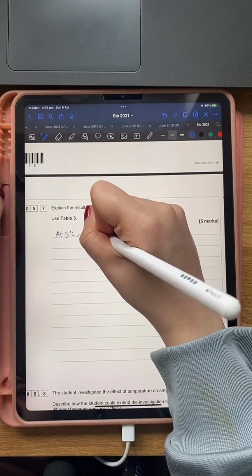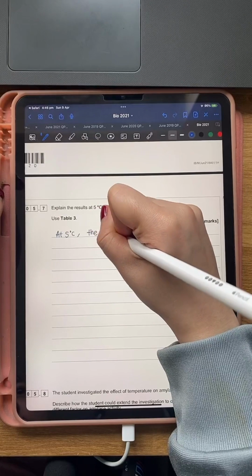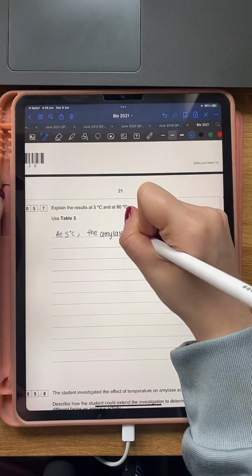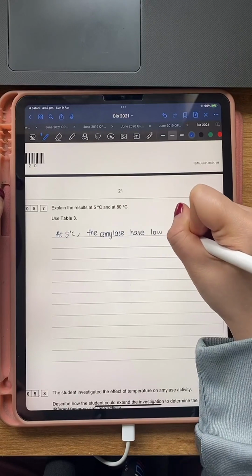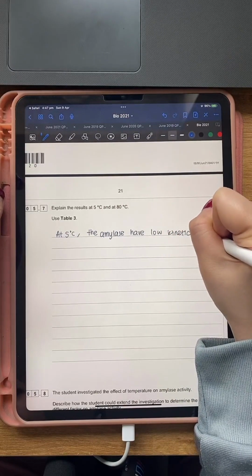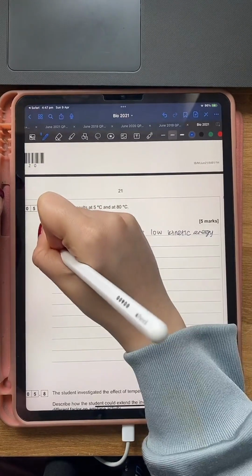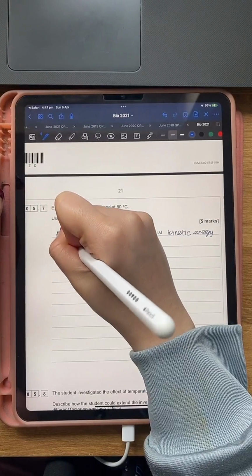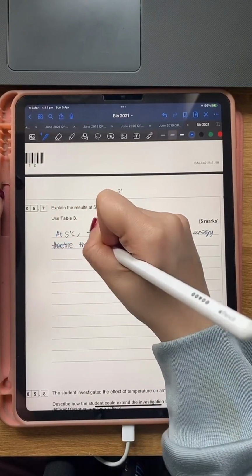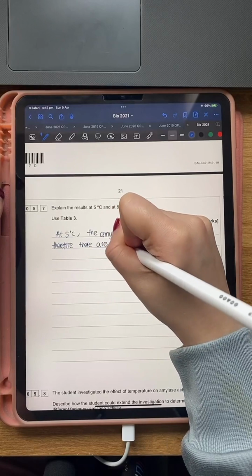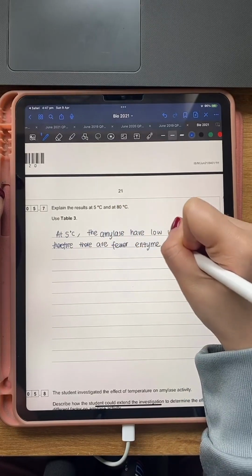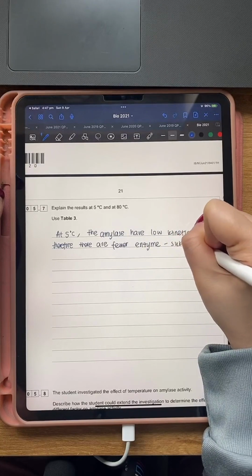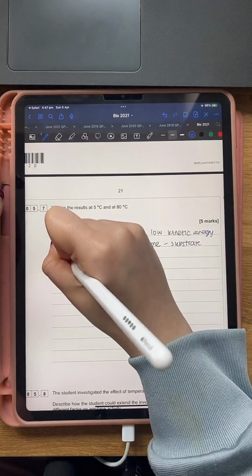Therefore, there are fewer enzyme substrate collisions. You can even say successful collisions, like in chemistry. So if you have a low temperature, low rate of reaction because there's no kinetic energy or low kinetic energy.